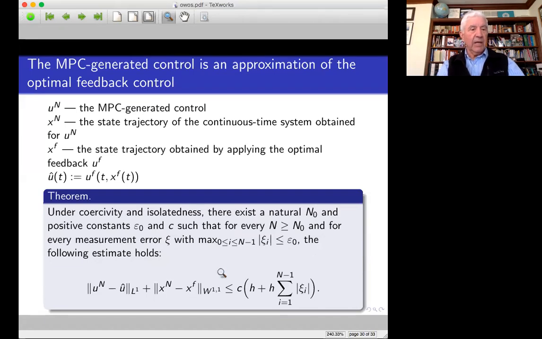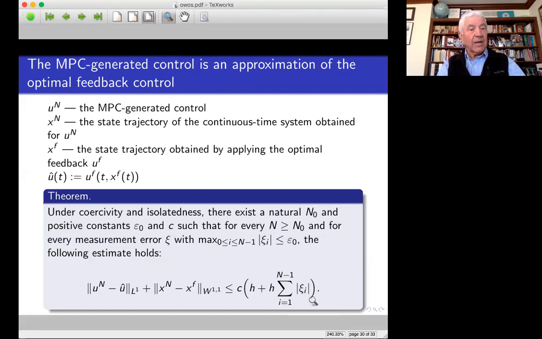If we have an optimal feedback control, and you have the MPC generated control, the norm of the difference between these two things is bounded by the discretization step plus the error we make in measuring the state, given in this form.